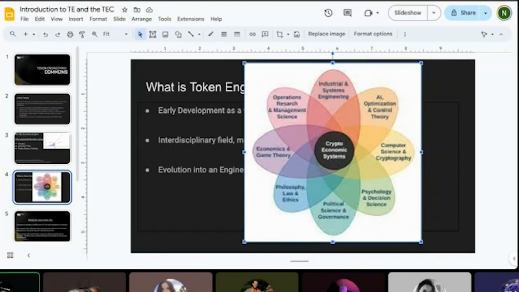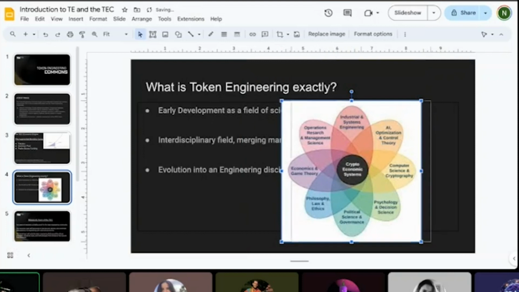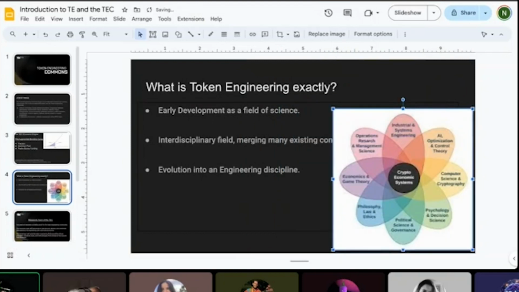We have our political science and governance, philosophy, law, and ethics, so on and so forth, and they all make up the flower. This is the wild thing about economics in general: you have to consider all of these fields, but we're merging known concepts. A lot of times we think of token engineering and think that we've recreated the wheel.